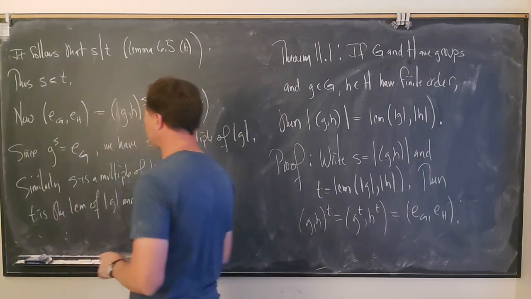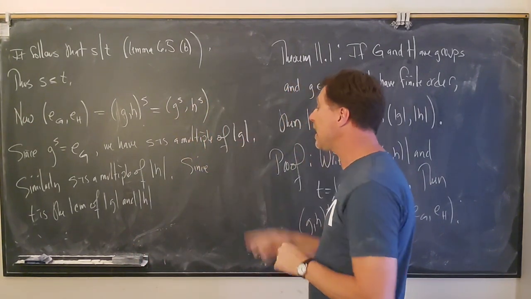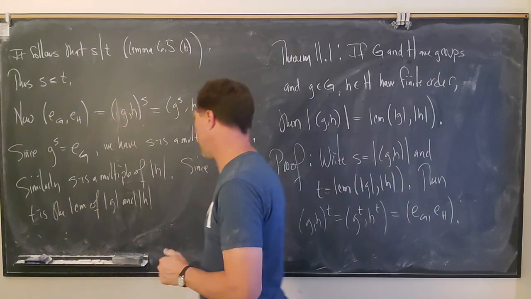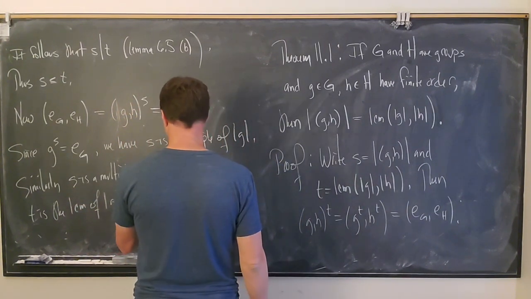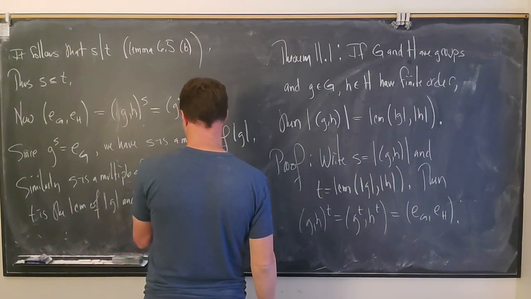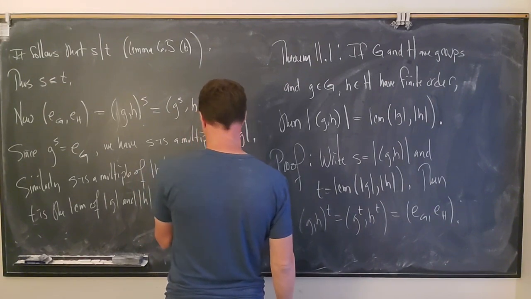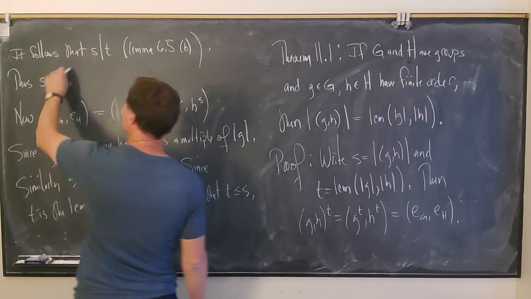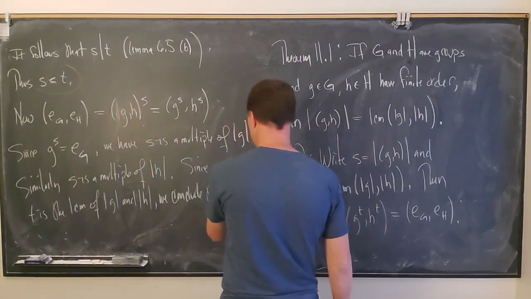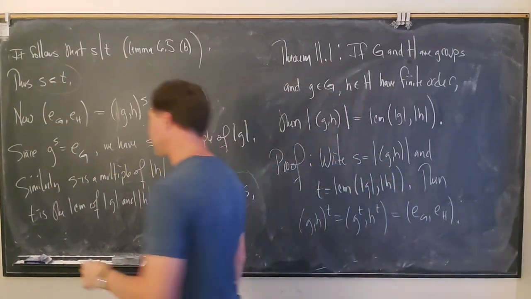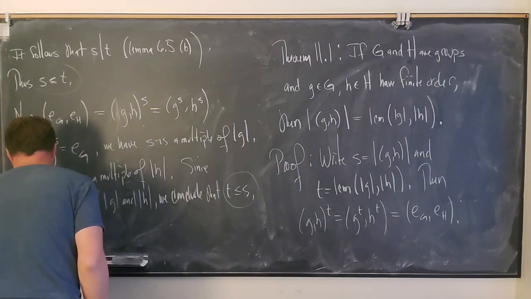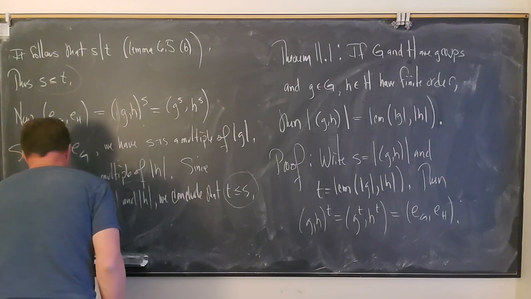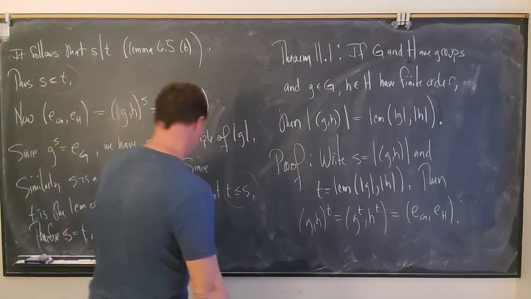What does that tell us about the relationship between S and T? Because T is the least common multiple, T has to be less than or equal to S. So now we have S less than or equal to T, and T less than or equal to S. That tells us that they're equal, so therefore S equals T. That's what we need.